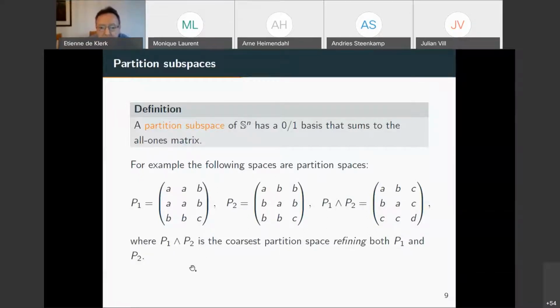Similarly, P2 is another partition subspace, also of dimension 3. And then for algorithmic purposes, we have this notion of refining both partitions. This is the AND operation. We say partition 1 AND partition 2 is in fact the lowest dimensional partition subspace that contains these two partition subspaces. For example, you can see this one has the same element here, but these two are different.